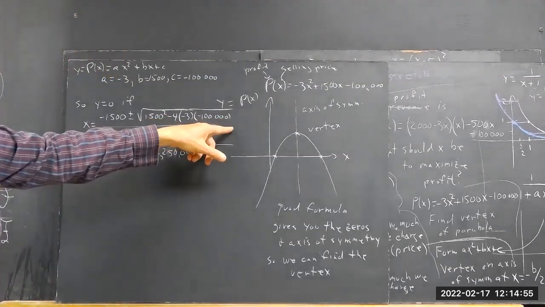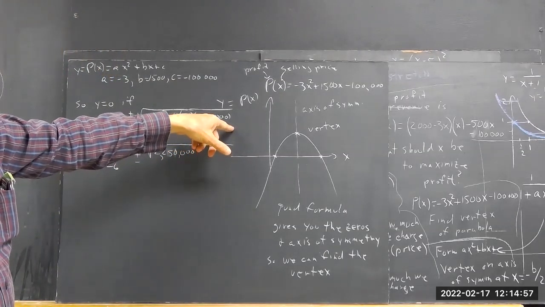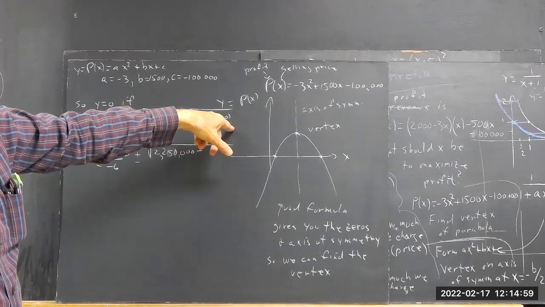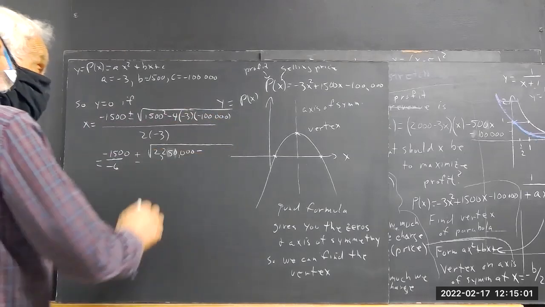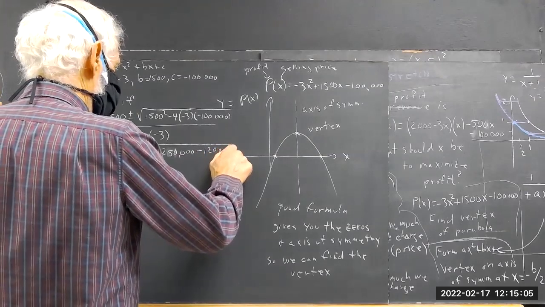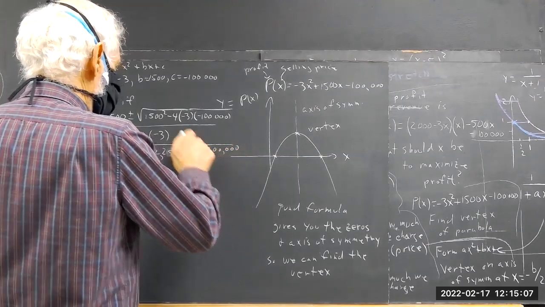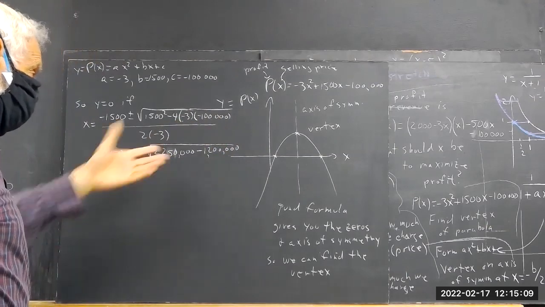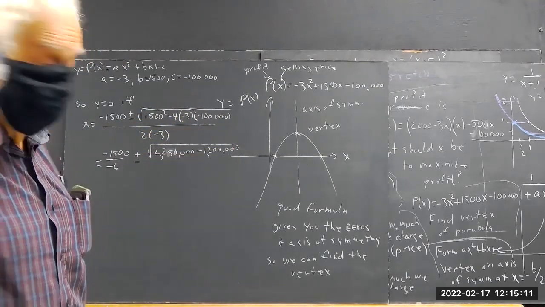If this is too big, then we don't want to go into this business. But it turns out it's going to be okay, because this is just 12 times 100,000, negative.